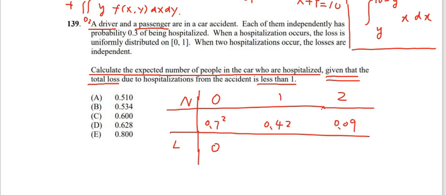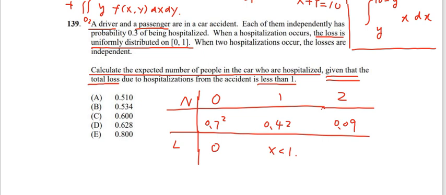The loss is uniformly distributed between 0 and 1. So if only one person is injured, the loss is less than 1, right? Here we put the loss as L or as x. So this loss x less than 1 is okay.